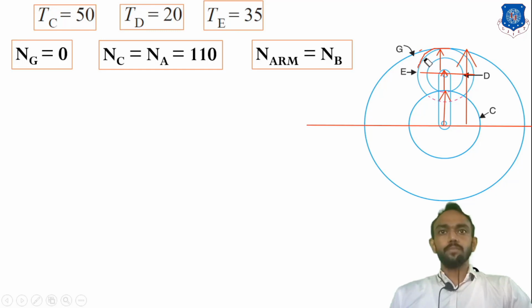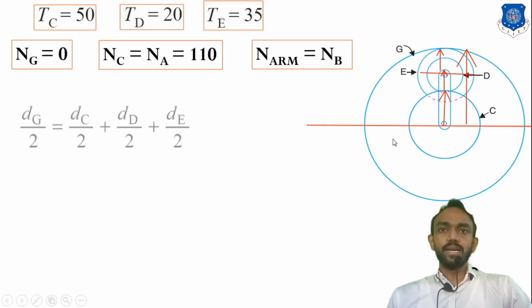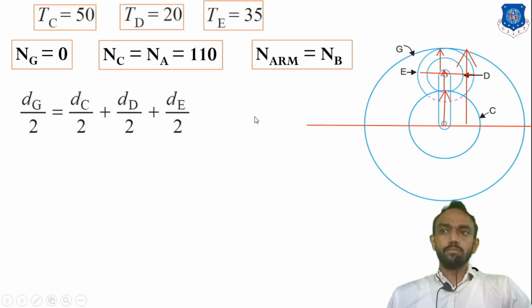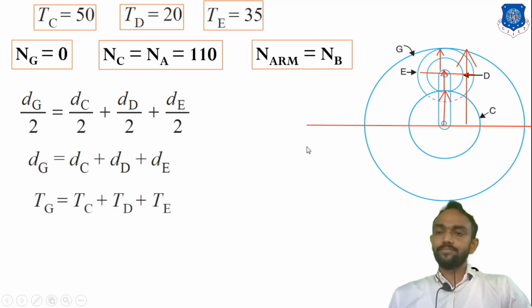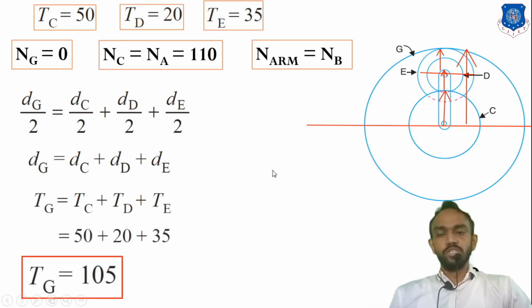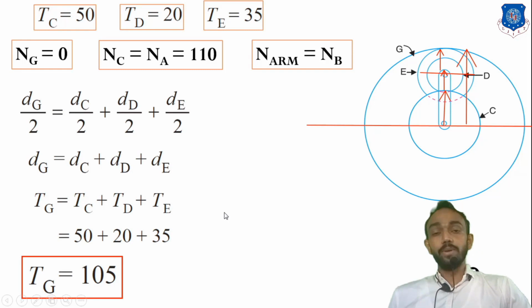So this is the total radius. We can write the radius as diameter by 2, and the diameter is replaced by the teeth. Now you know the teeth of 3 gears, so you can find the teeth of G, which is 105. We will remember the teeth of gear G, as it will be useful during our calculation.